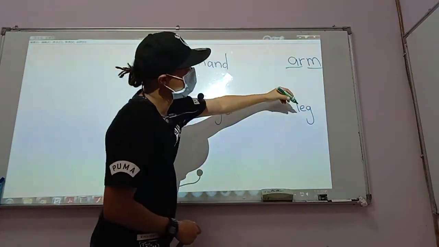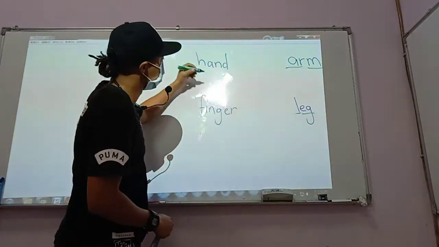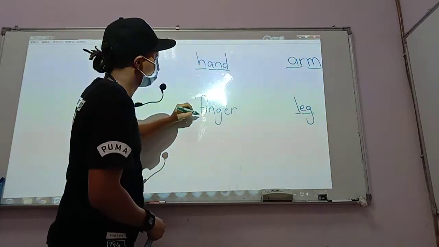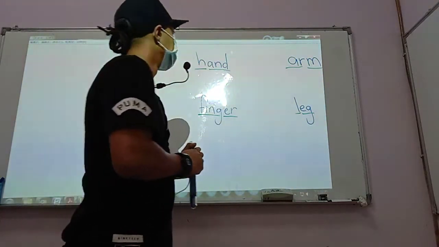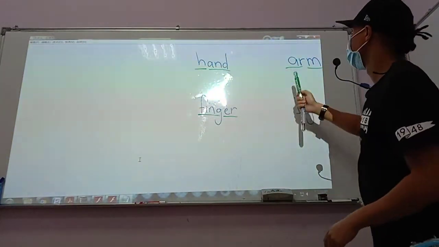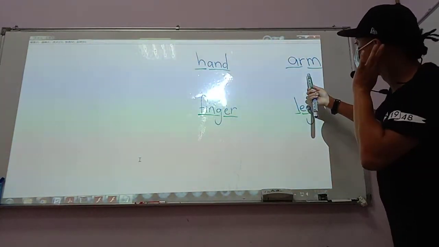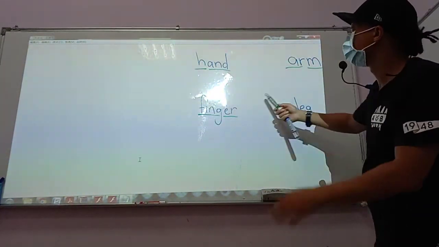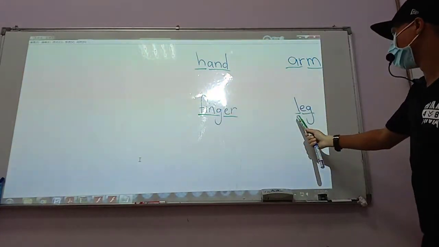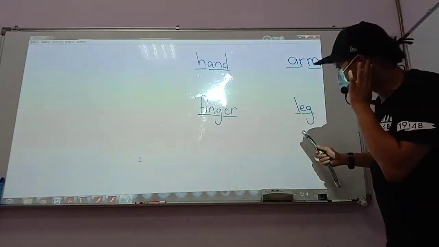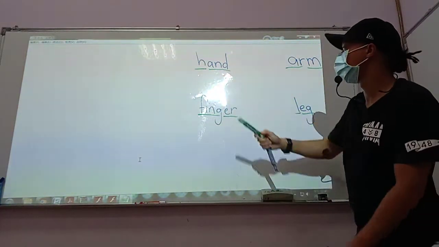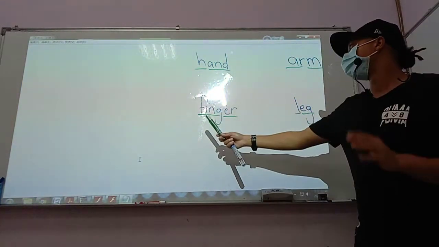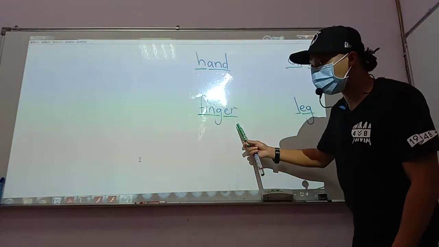Arm, leg, hand, and finger. Alright, one more time. Can you please say after me? Arm, leg, hand, finger.